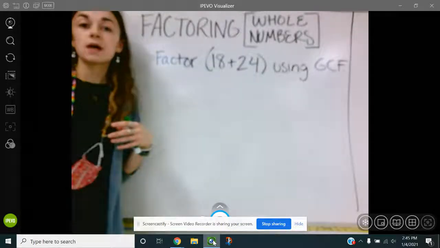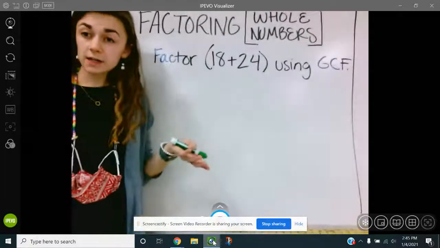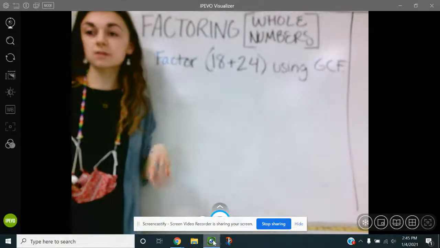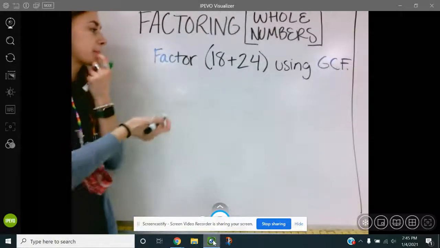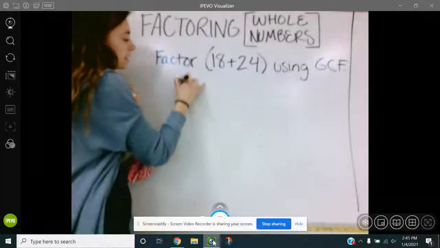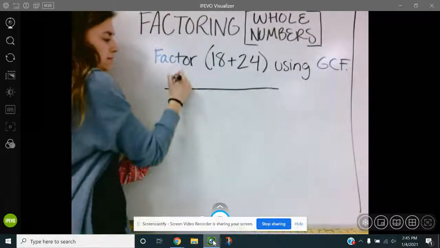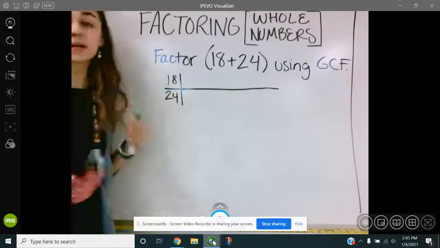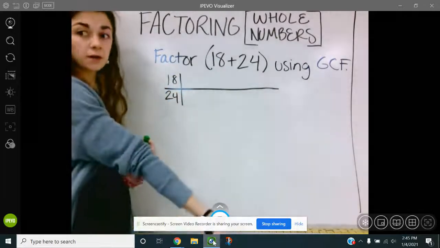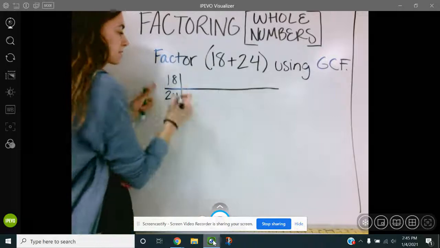Now we can use a factor tree, or we can just list the factors of 18 and 24. I'm going to test out just listing the factors. If you need a refresher on the GCF, go watch those last videos.